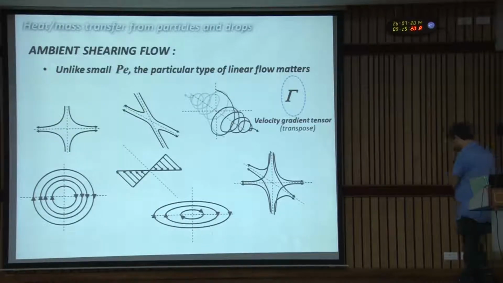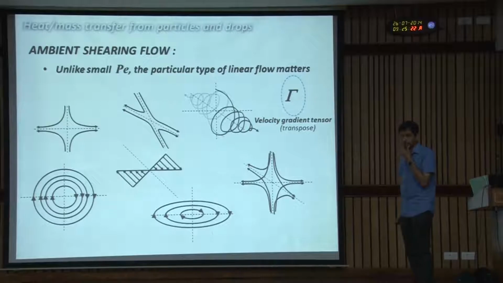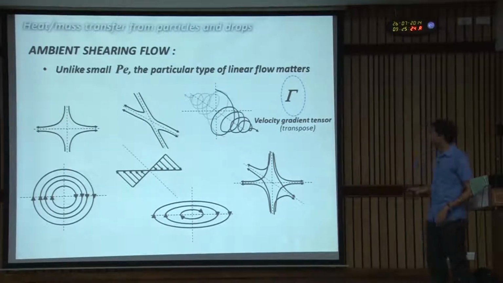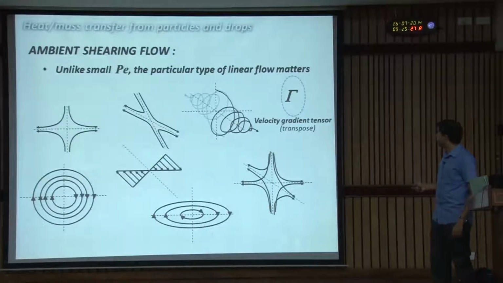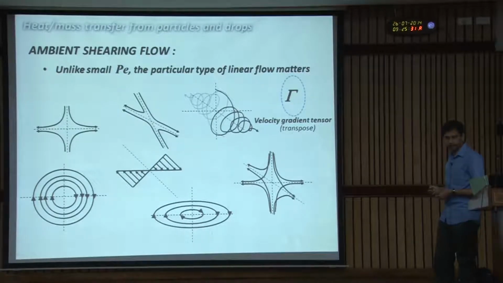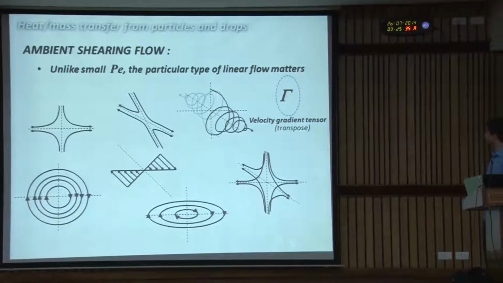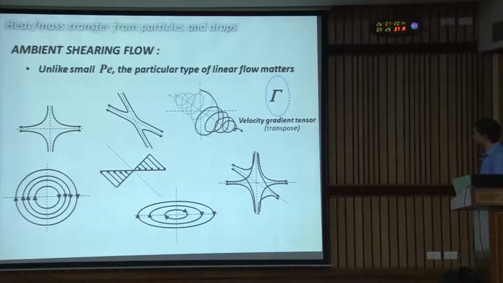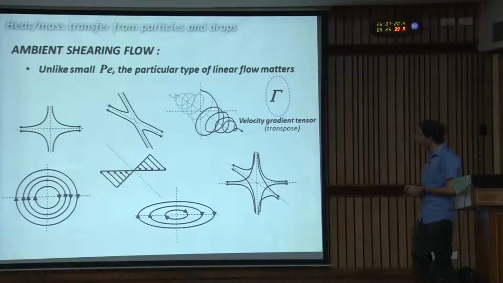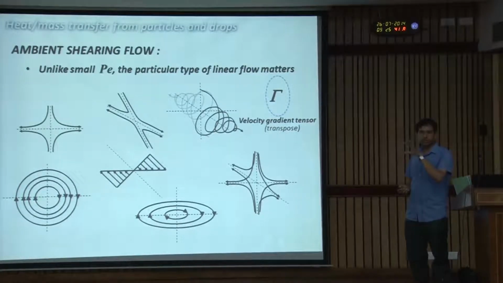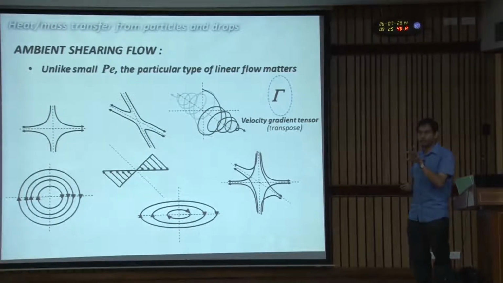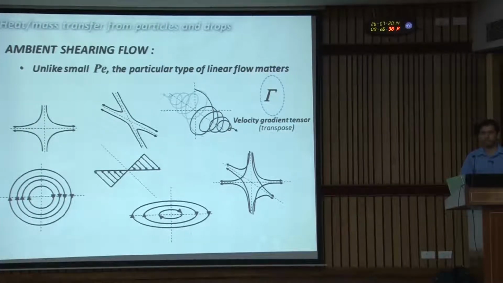So, right. Now we'll take the case where there is no slip, no free stream, and I therefore have an ambient shearing flow. The same case that we analyzed earlier at small Peclet. Now in those cases I didn't draw this picture, and that's because at small Peclet, if you remember, I told you that Nusselt was 1 plus some number times square root of Peclet, and that number remained order 1.